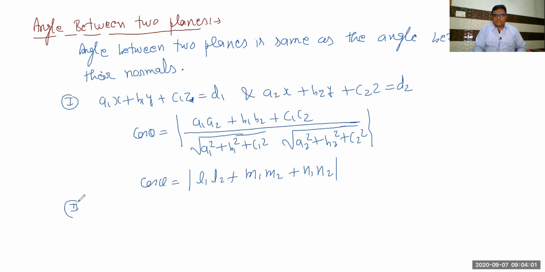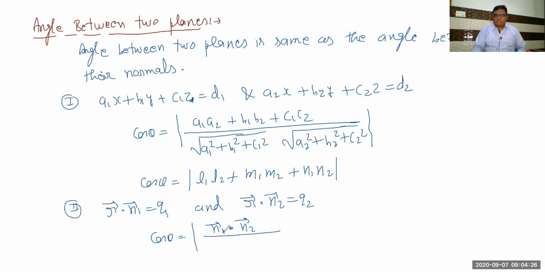Second situation, if our planes are r vector dot n1 vector equal to q1 and r vector dot n2 vector equal to q2. If we have the equations of the plane in this vector format, then the formula of cos theta is modulus of n1 vector dot n2 vector upon magnitude of n1 vector and magnitude of n2 vector.